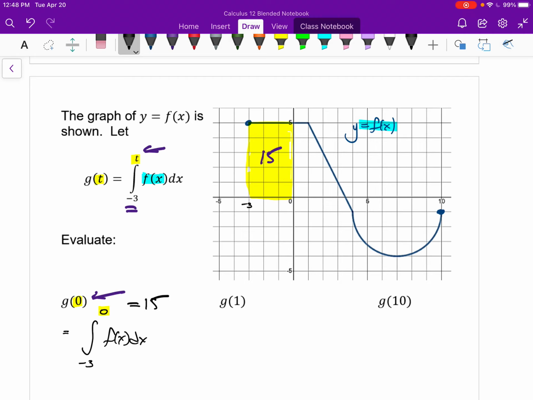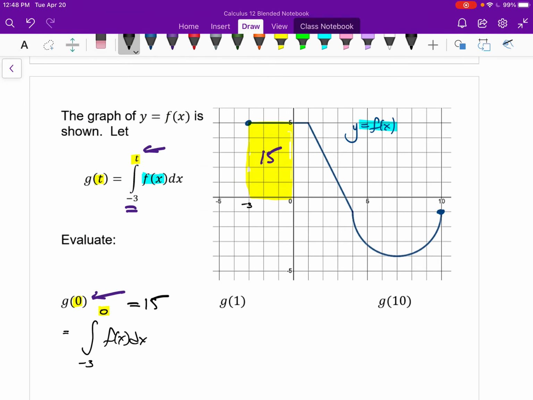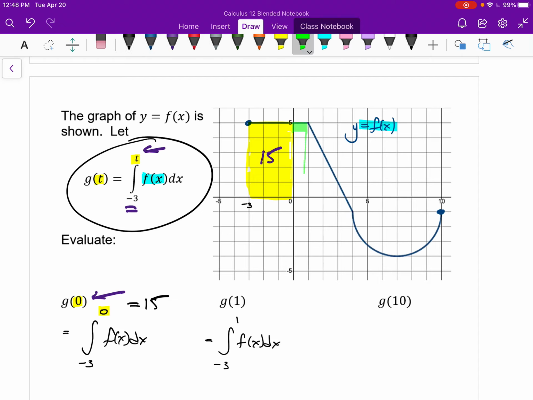And so g at 1 is going from, sorry, not going from 0. G at 1 is the exact same function here, going from -3 up to 1 of f of x dx, which really means I just need to look at, I'm going this far now, all the way of all of this, from -3 up to 1. And again, the definition of g of x is that it starts at -3 for this particular example. And so this is no longer 15, this is now 20.